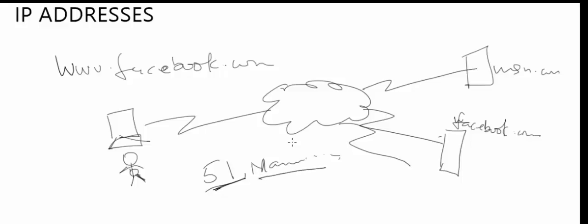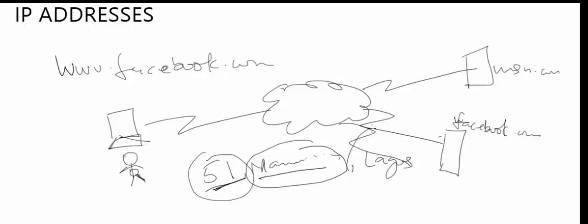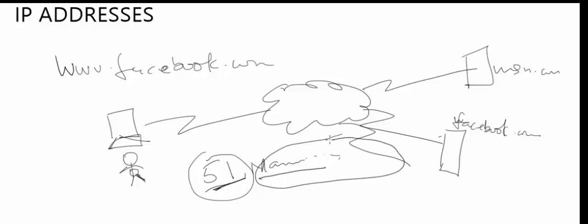You can see that the address has compartments, has parts. There is a specific address for the neighborhood, and there's a specific address for the specific house.